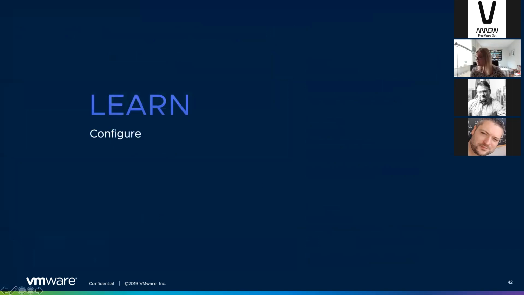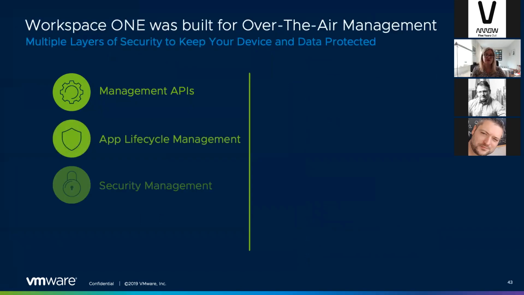So if we're going to look at what we can actually do over the air, configuration-wise, if we look at Windows 10, well, we configure stuff based on management APIs. That's what modern management is all about. And there are multiple layers of security to keep your device and data protected. So first of all, we look at application lifecycle management, at security management, and asset tracking.